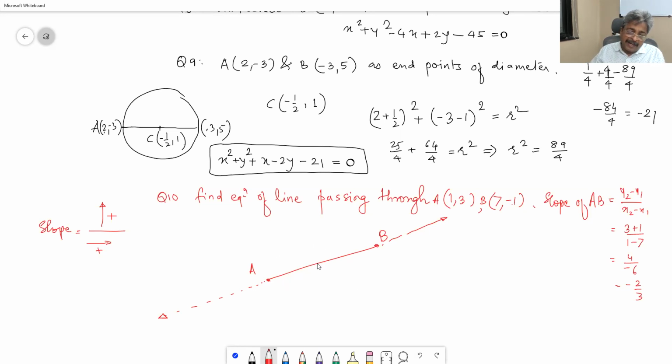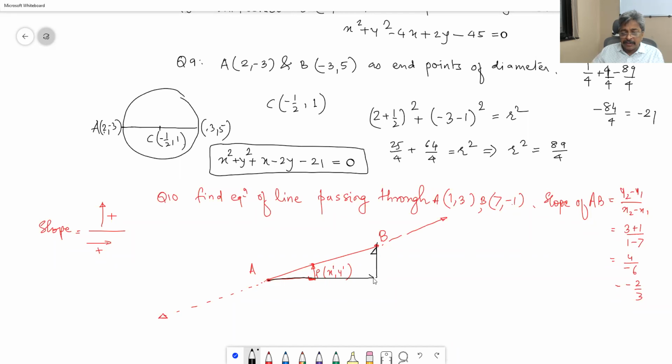So if I take any general point here, P, whose coordinates are (x dash, y dash), then the slope of AP and the slope of AB will be the same. Because if you start from A and want to go to P, then the distance traveled in the positive y direction upon the distance traveled in the positive x direction, this ratio is going to be the same as this ratio.